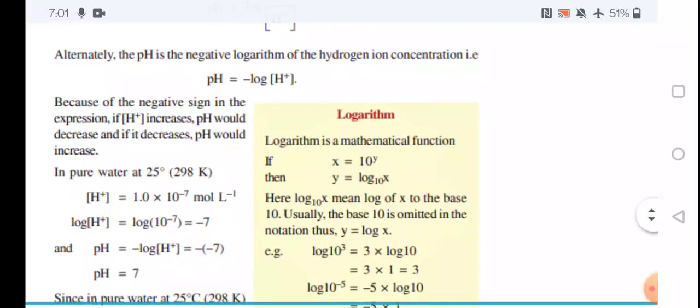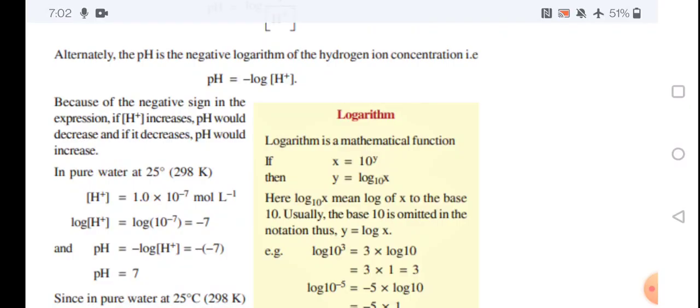Because of that negative sign, if the concentration of hydrogen ion is more, the value of the pH will be less. If the concentration of H plus ion is less, the value of the pH is more.